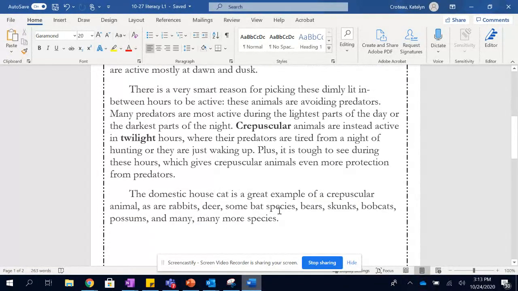Now we're going to go on to our third and final. The domestic house cat is a great example of a crepuscular animal, as are rabbits, deer, some bat species, bears, skunks, bobcats, possums, and many, many more species. So a lot of people think the house cat is actually nocturnal, but it's more of a crepuscular animal if you actually look at it.